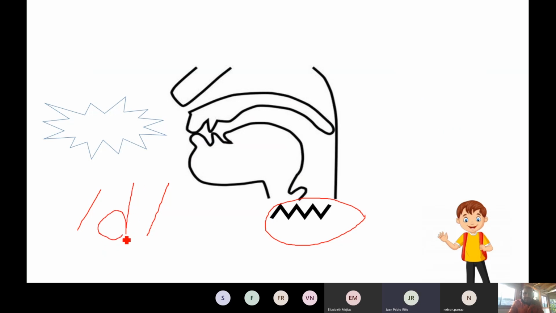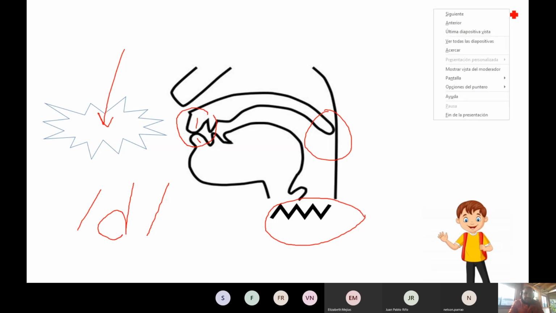D is voiced. Absolutely. It's oral. Exactly. It's plosive. When we articulate d, do we use both lips? No, I think the tongue and the alveolar ridge. Uh-huh.